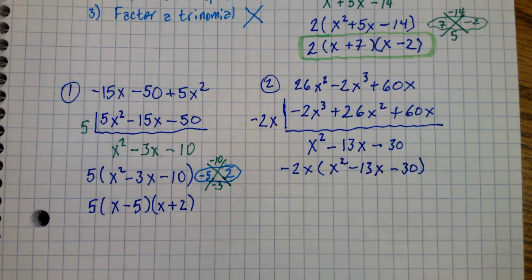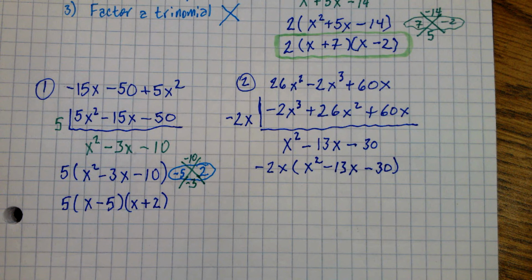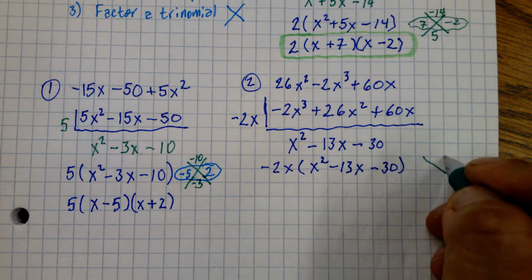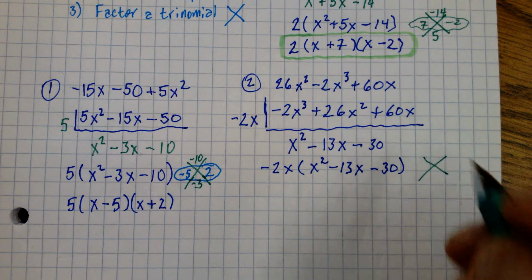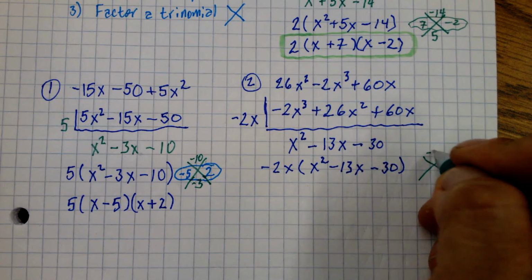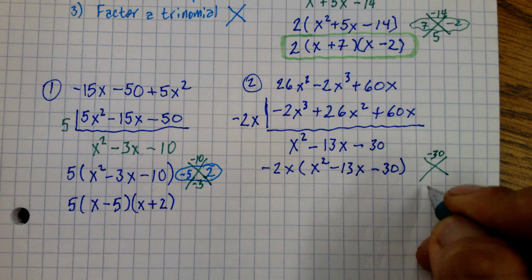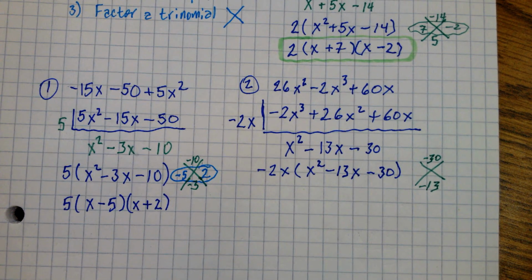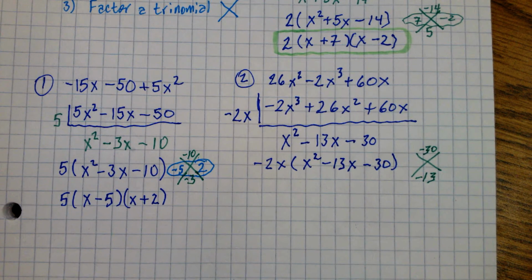Okay. Well, let's see if we can factor this. We've got negative 30 and negative 13. Let's see. Anything work there? Two numbers that multiply to negative 30 and add up to negative 13.